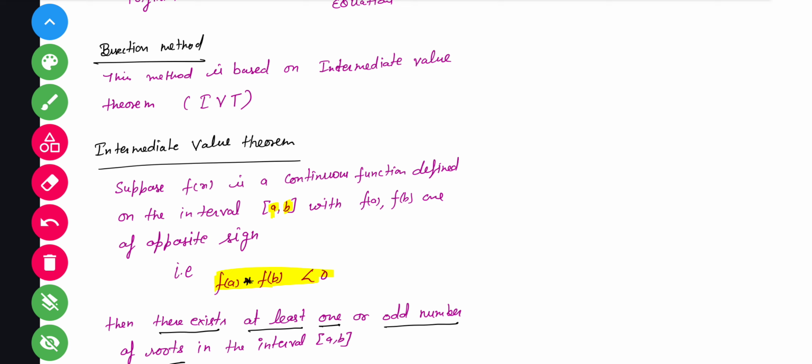If this condition is met, so if we find 2 points where f(a) times f(b), the multiplication of the functional values at those 2 points, is less than 0, that is negative, then in that closed interval there must be a single root at least. At least there must be one root, or it can be an odd number of roots. So there exists at least one or an odd number of roots in that closed interval [a, b]. So that is the main concept, and I will try to show that by using a little graph here.